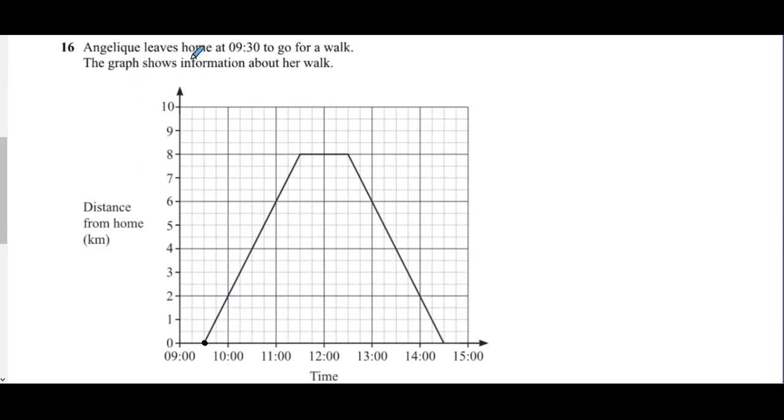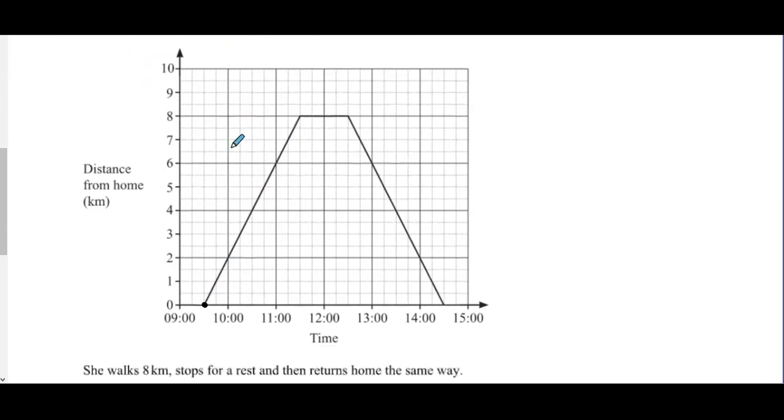Okay. Now Angelique leaves home at 9:30 to go for a walk. The graph shows information about her walk. Now let us try to analyze this graph. Angelique starts at 9:30, goes all the way.